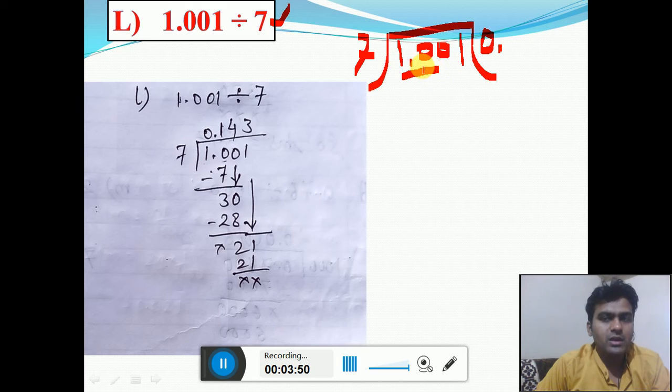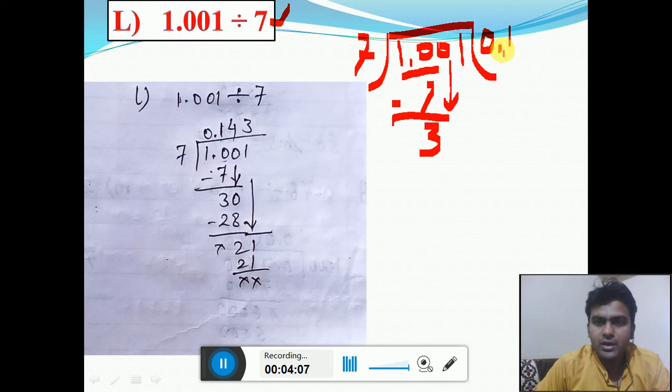Our number is 10, and now we can read the table of 7 one time. 7 ones are 7, then subtract: 10 minus 7 equals 3. Now bring down the next number, which we can do because we have the decimal point here. So we have 30. Now 7 fours are 28, so we write 28 here and 4 in the quotient.